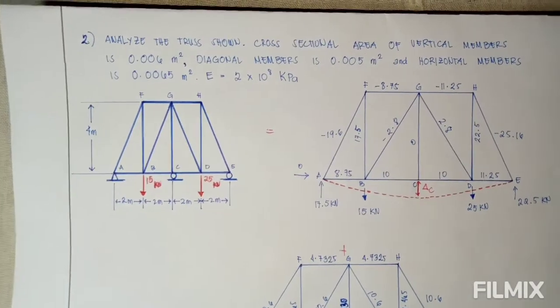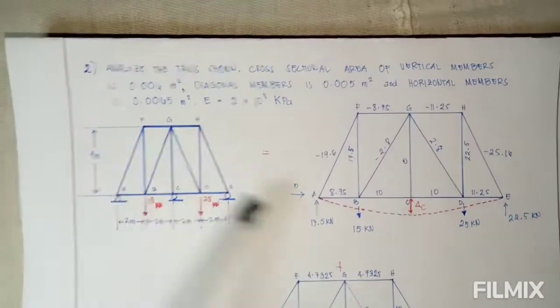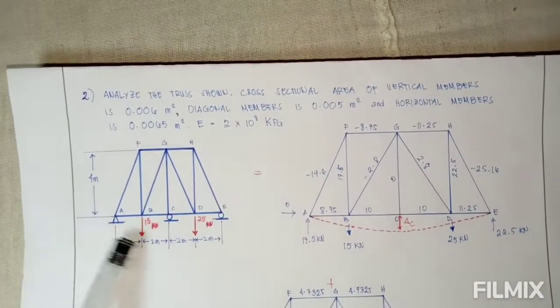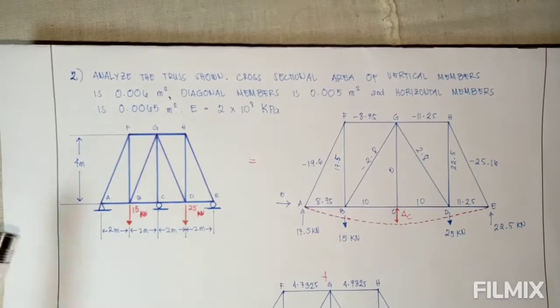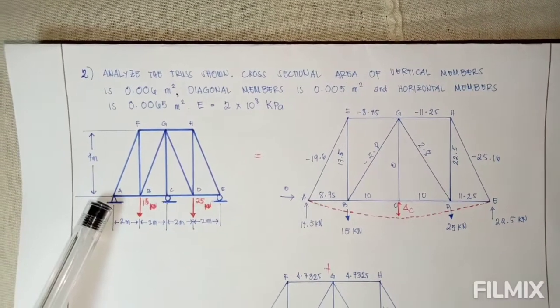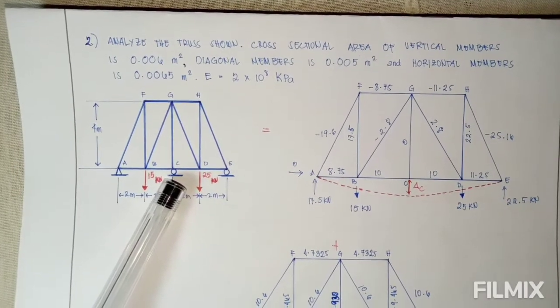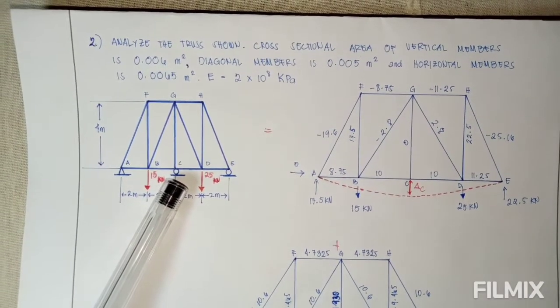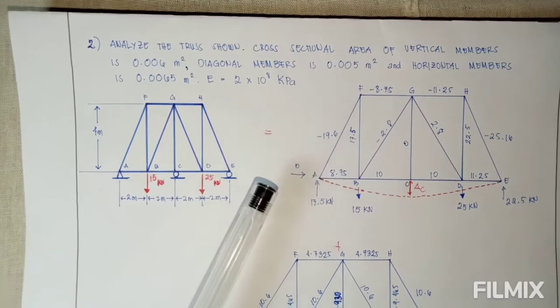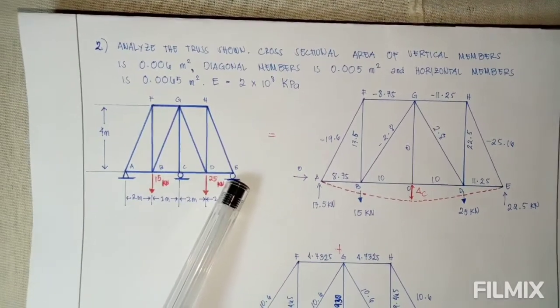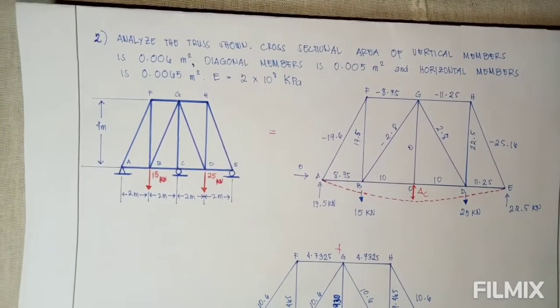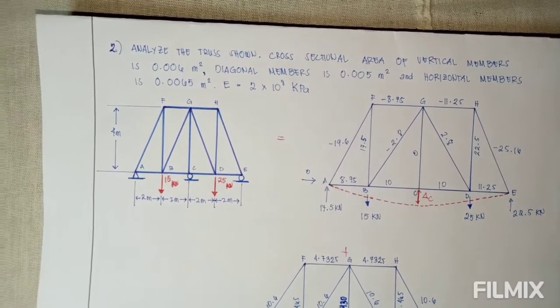We have here a truss with continuous support. It has a pin support at joint A, a roller support at point C, and another roller support at point E. We are asked to analyze this truss.